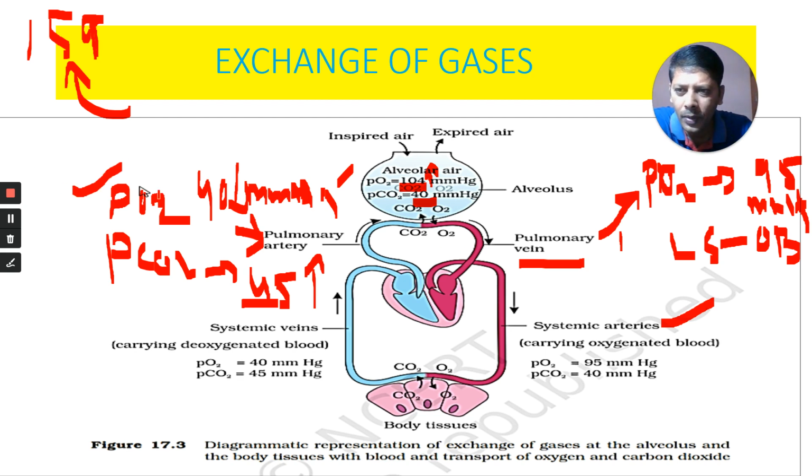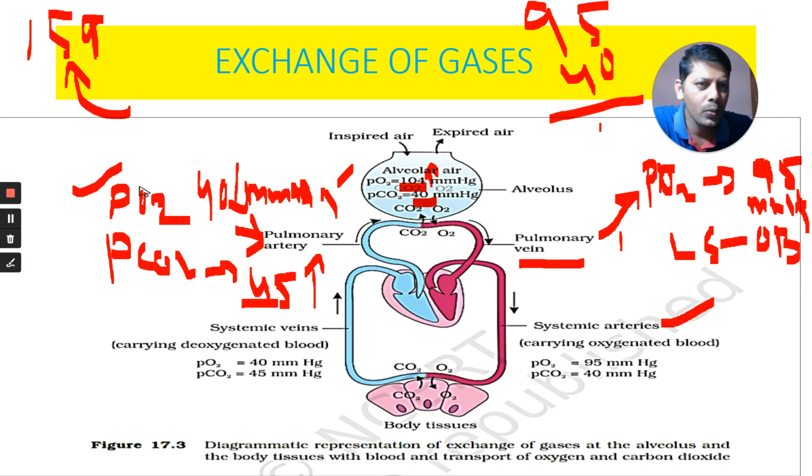The partial pressure of oxygen in the pulmonary artery is 40. Here the partial pressure of oxygen is 95. Sometimes they ask what is the difference. If you subtract 40 from 95, the difference is 55 mmHg. That means here more oxygen, here less oxygen.